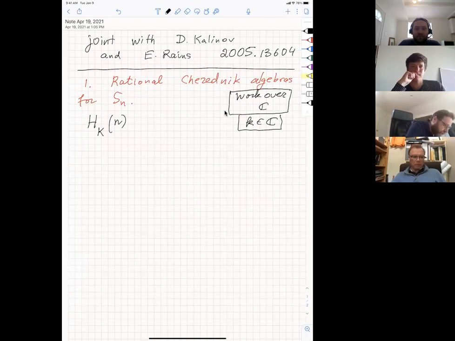So this is generated by the symmetric group S_n, or permutations of n items, and also variables x_1, ..., x_n, y_1, ..., y_n, so generators. And the relations are the following. So first of all, the symmetric group permutes x_i and y_i as usual.